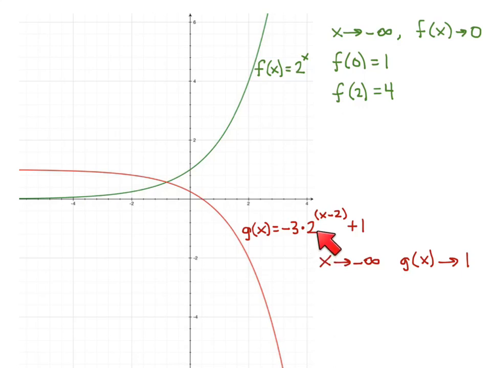Because if the exponent is really, really huge negative, you get a very, very small number, and so the only thing that matters then is this 1, and so we have a horizontal asymptote at 1. Just so you understand, when you take an exponent to a very large negative number, you're very close to 0. So we expect an asymptote at 1.